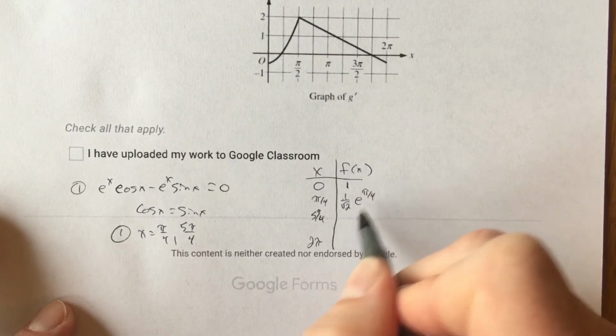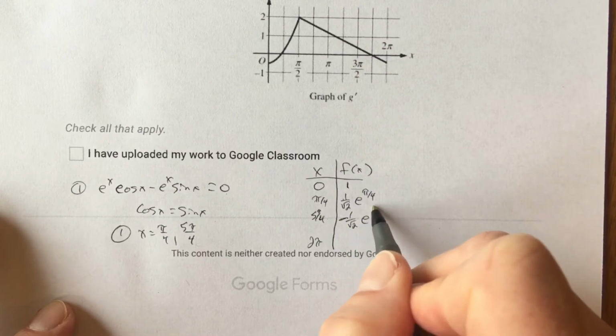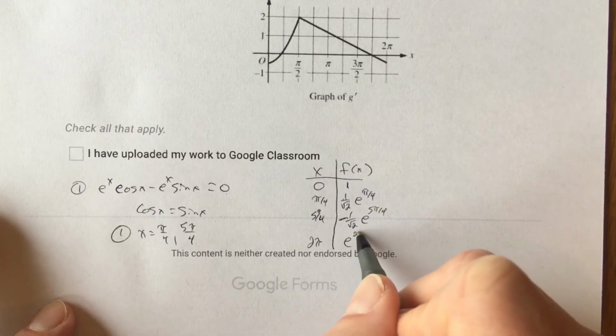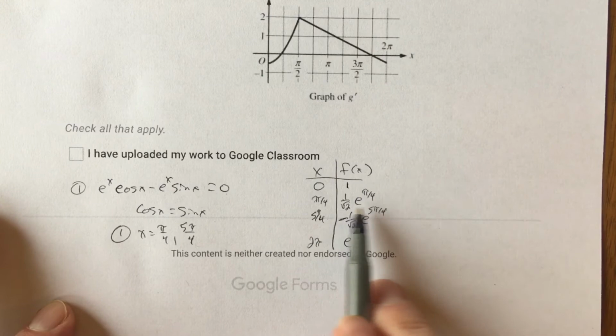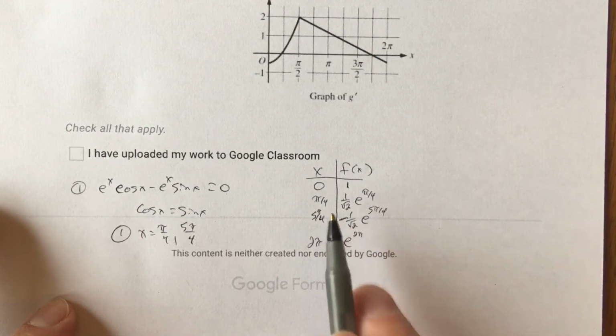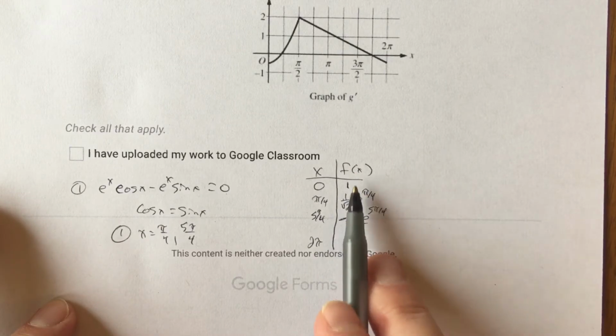I believe that's what happens when you plug that in there. For the other one, you get a negative 1 over square root of 2, e to the 5 pi over 4. And on the last one, you're going to get e to the 2 pi. Now, again, there are some weird calculations that make this happen. If you really want to know, just ask later. But if you work them out, this is what you should get.